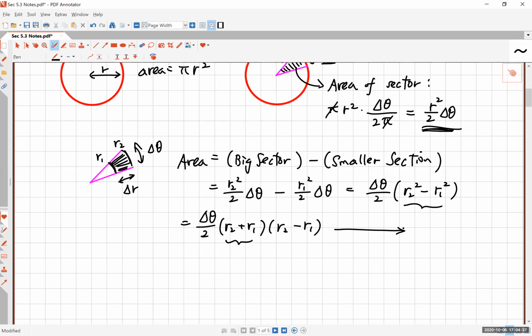Now eventually what we want to do is to make this really, really small. So let's go ahead and write it here. Let delta theta approach 0 and let R1 and R2 approach the same radius. So I'm going to let R1 get closer and closer to R2, right? So in that case, let's call this R, okay?